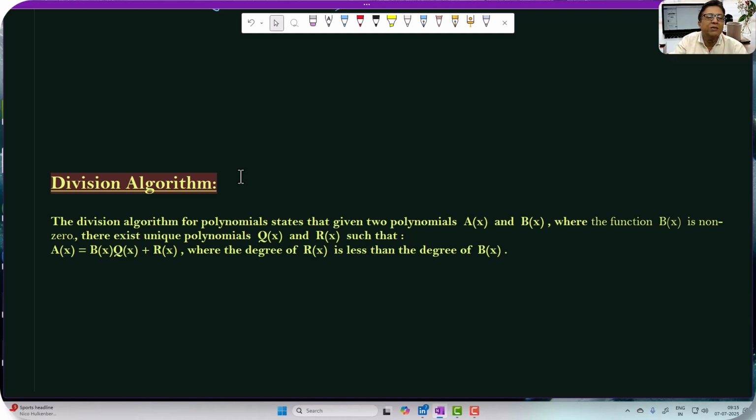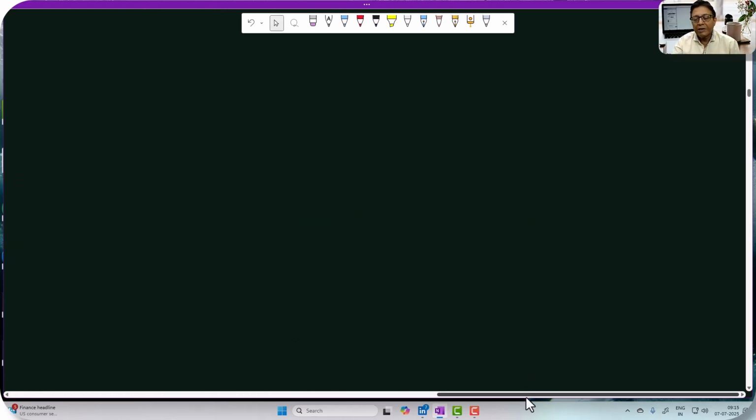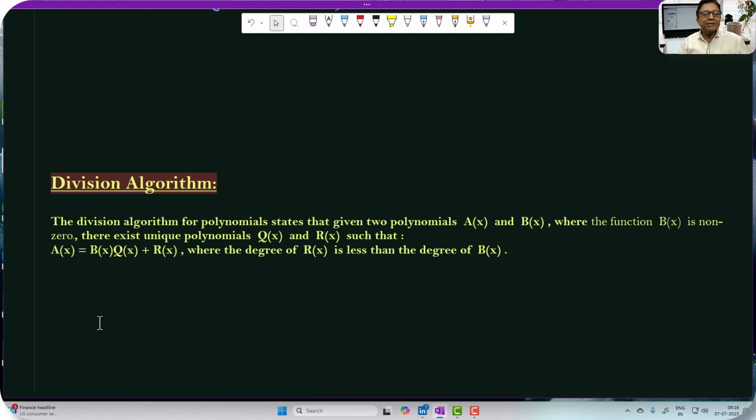And that only I am going to write in the form of the division algorithm. Okay, what is that? That division algorithm there in number theory, it is there in case of polynomials also. If you have two polynomials, I have taken here as a(x) and b(x), where b(x) is non-zero. It may be a constant polynomial, but 0 is not possible.